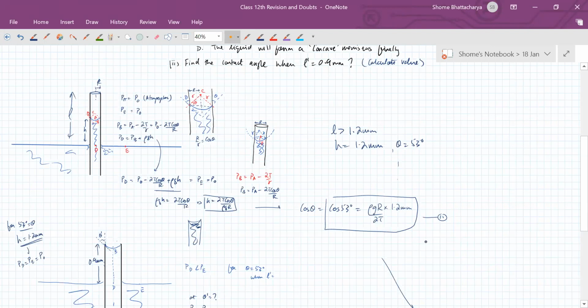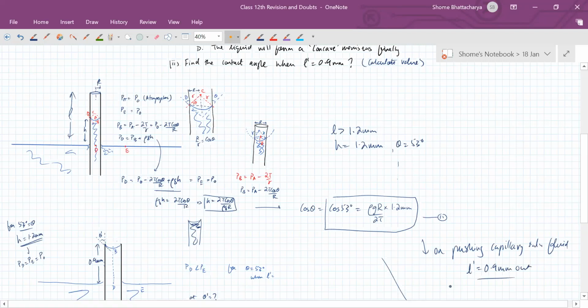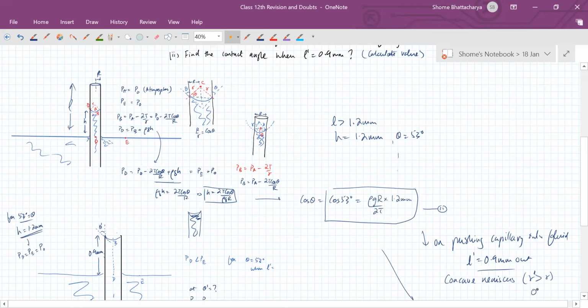So on pushing the capillary into the fluid with L prime equal to 0.9 mm out, it will still have a concave meniscus, but with R prime becoming greater than R, and the contact angle also accordingly increasing compared to theta.